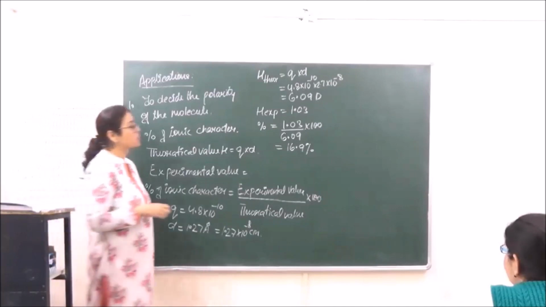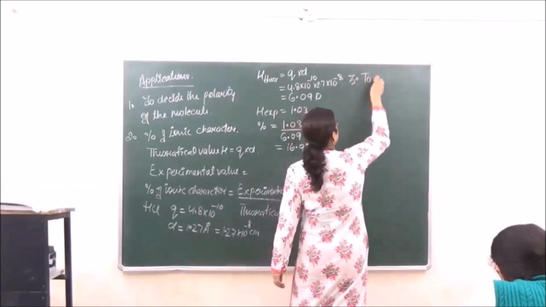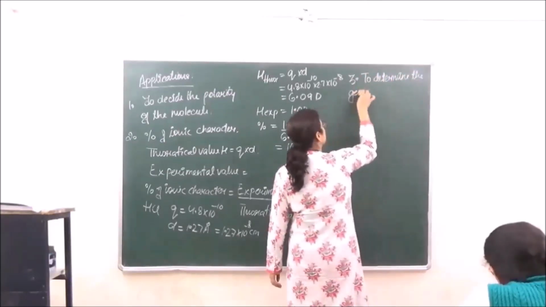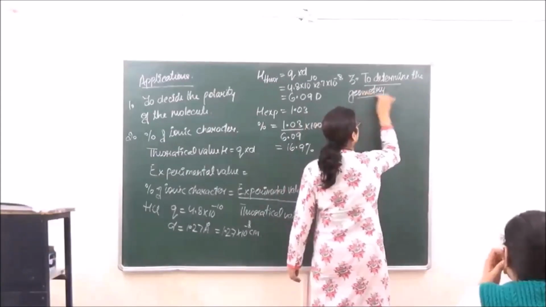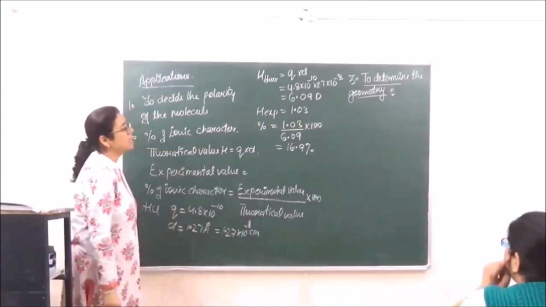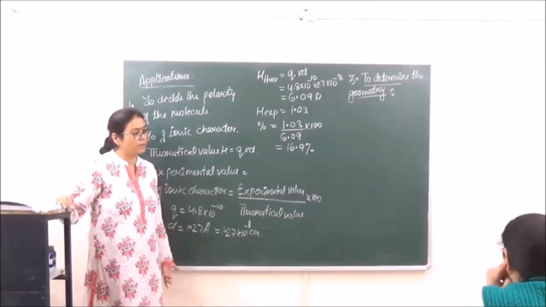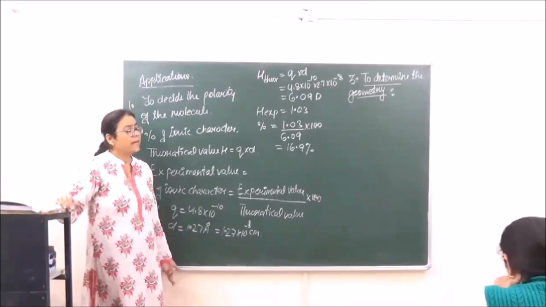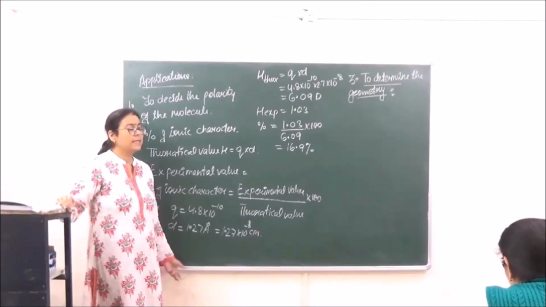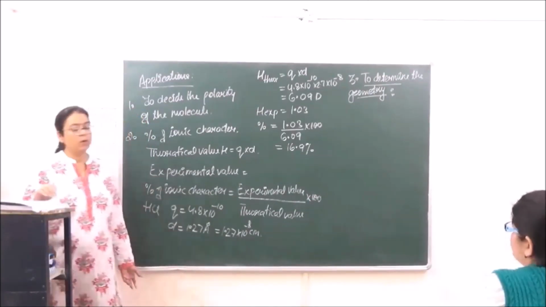The third application is to determine the geometry of molecules. We have already studied that all the symmetrical molecules have a zero dipole moment. Okay? And they are said to be non-polar in nature. While the unsymmetrical ones have certain set values of dipole moment and they all are said to be polar.